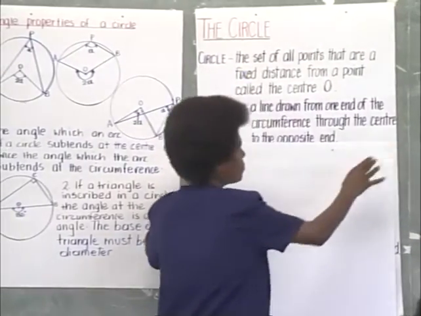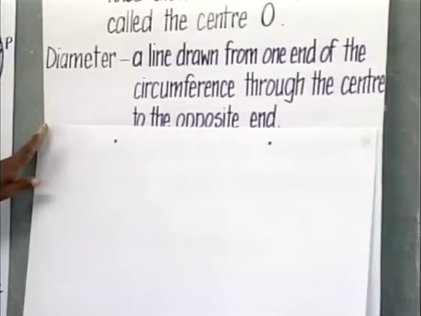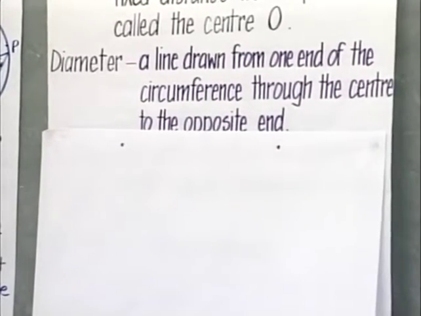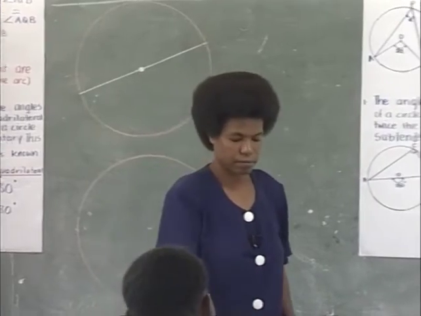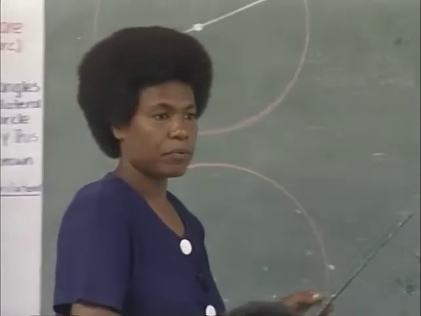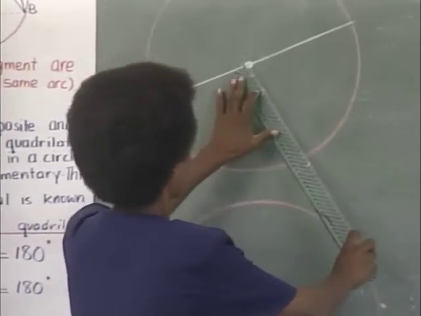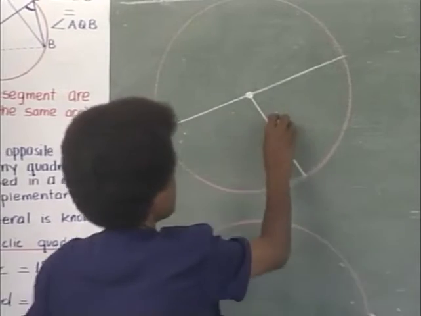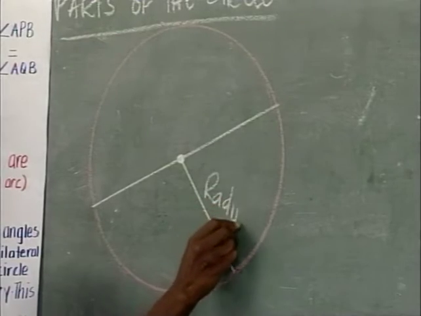Next one, we have the radius. Pass it on. What's the radius? The radius is the distance from the center of a circle to any point on its circumference. Okay, good. From the center to any point on the circumference, that's the radius.